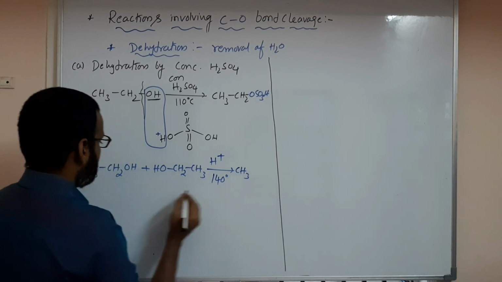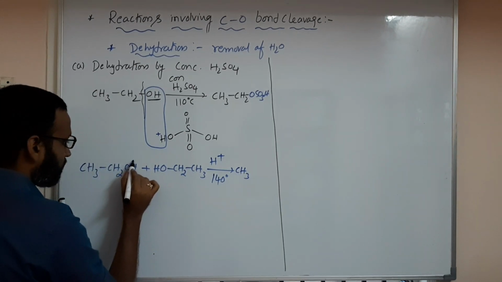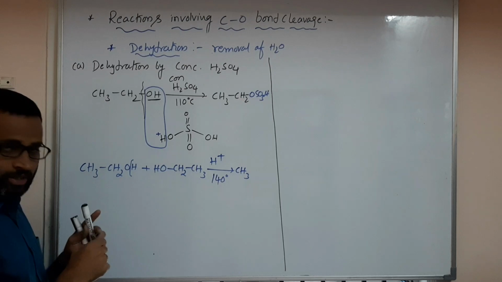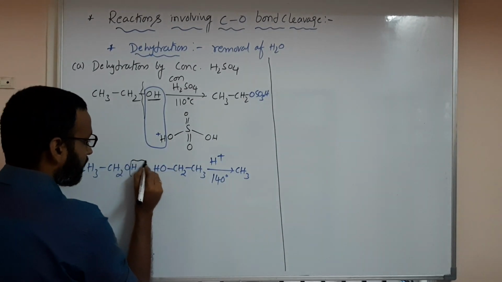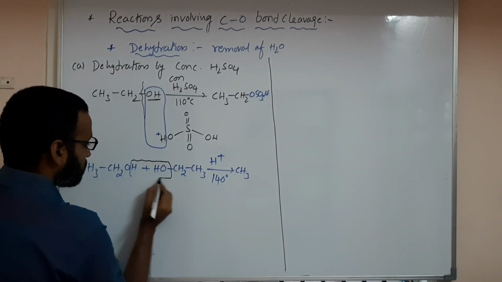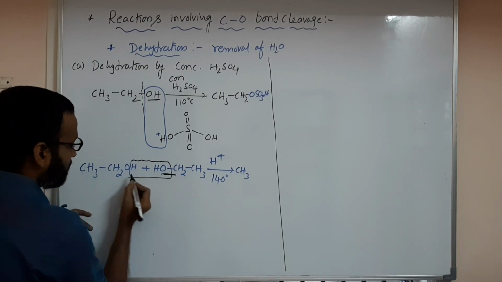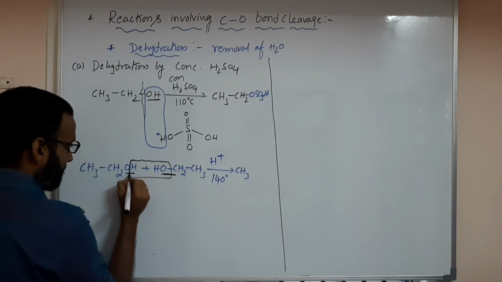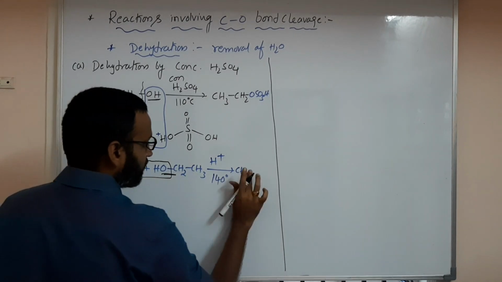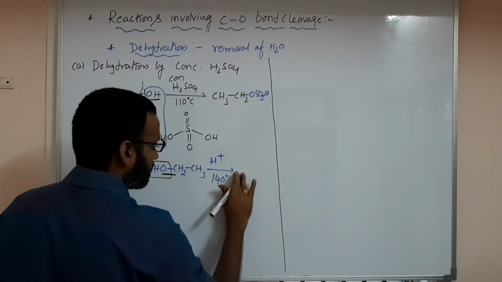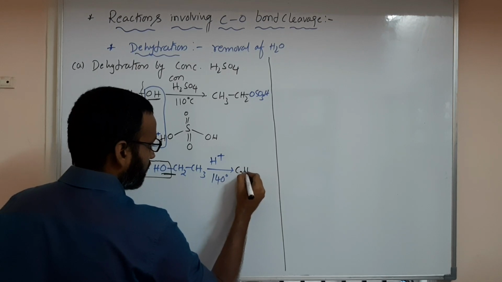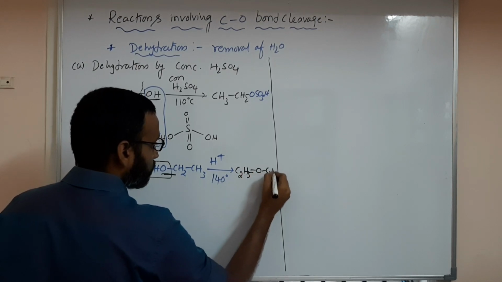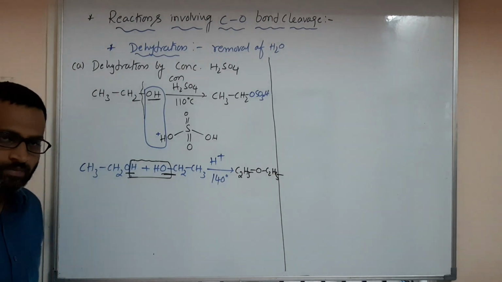Then the product is, see this, one of the ethanol loses H and one of the ethanol loses OH. That means here CO bond cleavage and there OH bond cleavage takes place. So water is removed here. Now the product is C2H5 O C2H5.